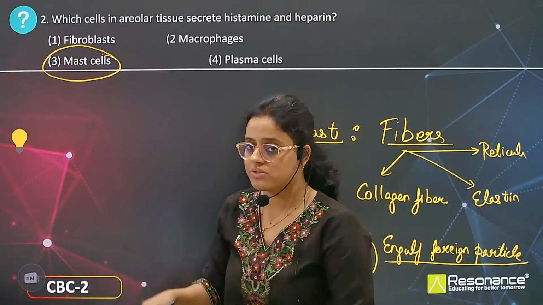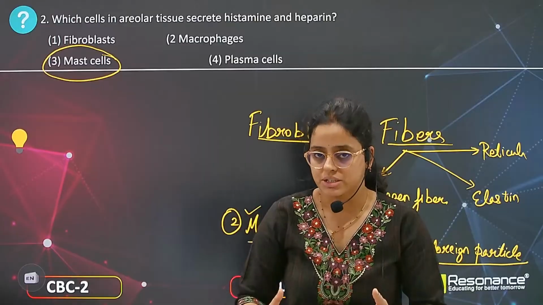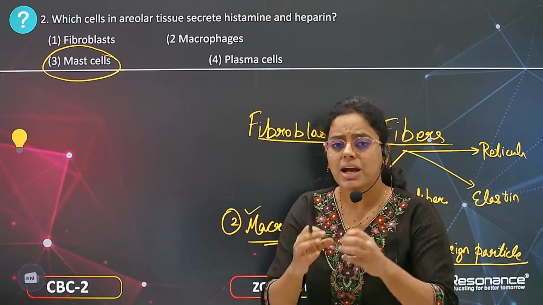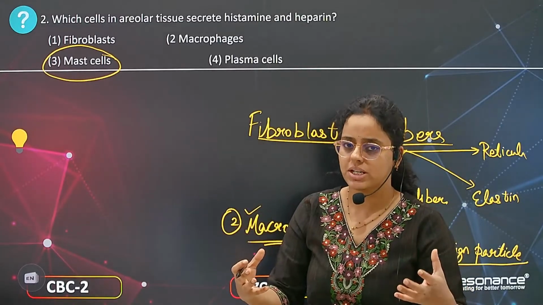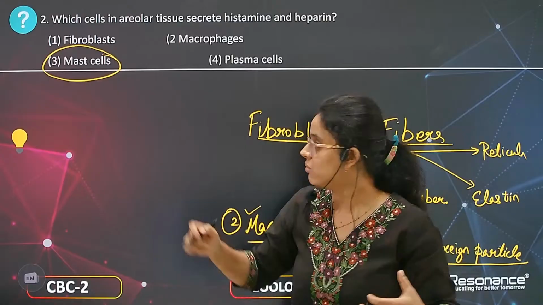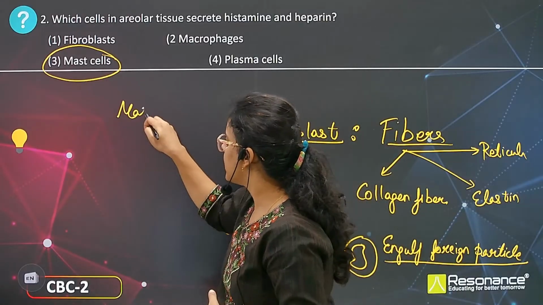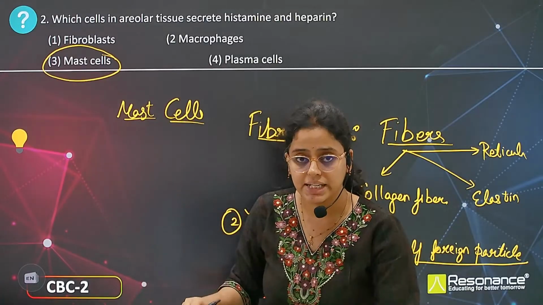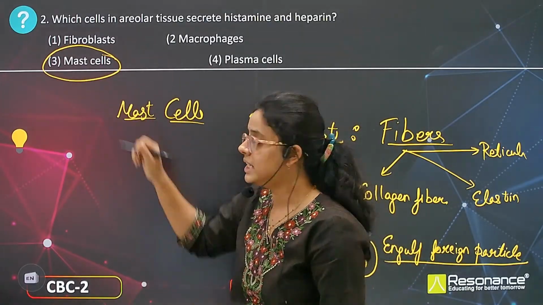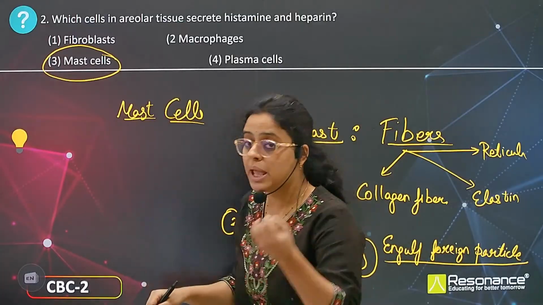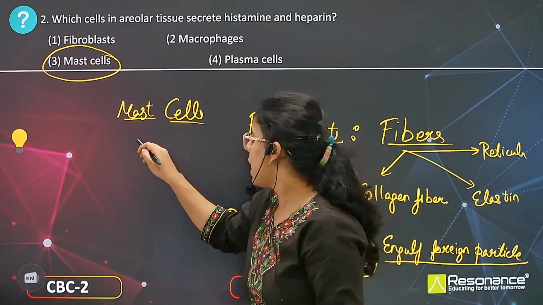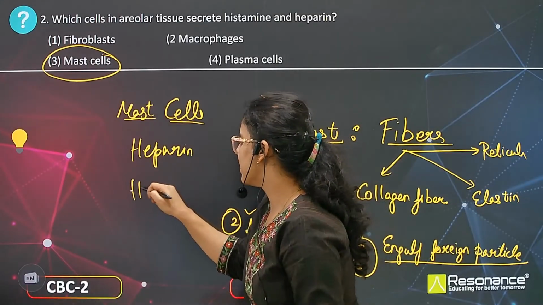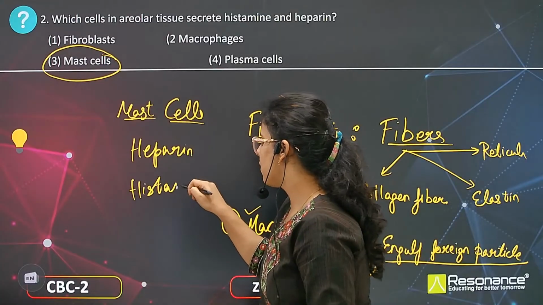Now mast cells are the ones which cause the inflammatory reaction. If some foreign substance like bacteria enters and multiplies very frequently, to alert our immunity, these mast cells secrete heparin and histamine. What is the role of heparin and histamine?